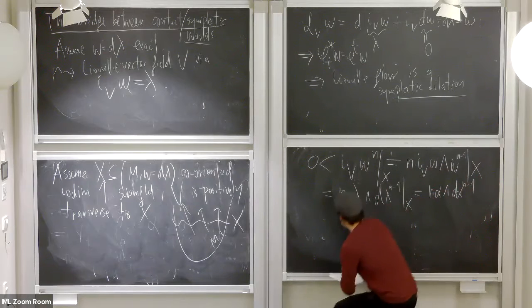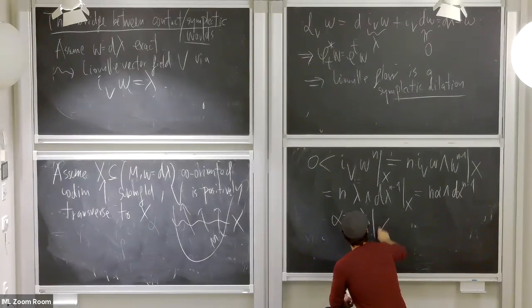So here alpha is by definition lambda restricted to X.